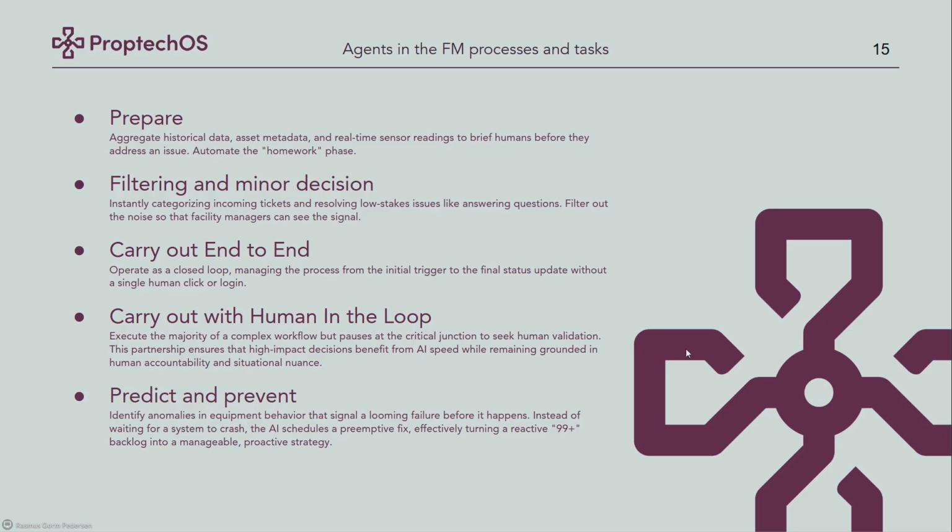So one thing would be, either as autonomous or as an assistant, to prepare whatever work the real domain experts that carry out the work need to do. So in facility management, this usually means that there is a homework phase to most work that needs to be done.